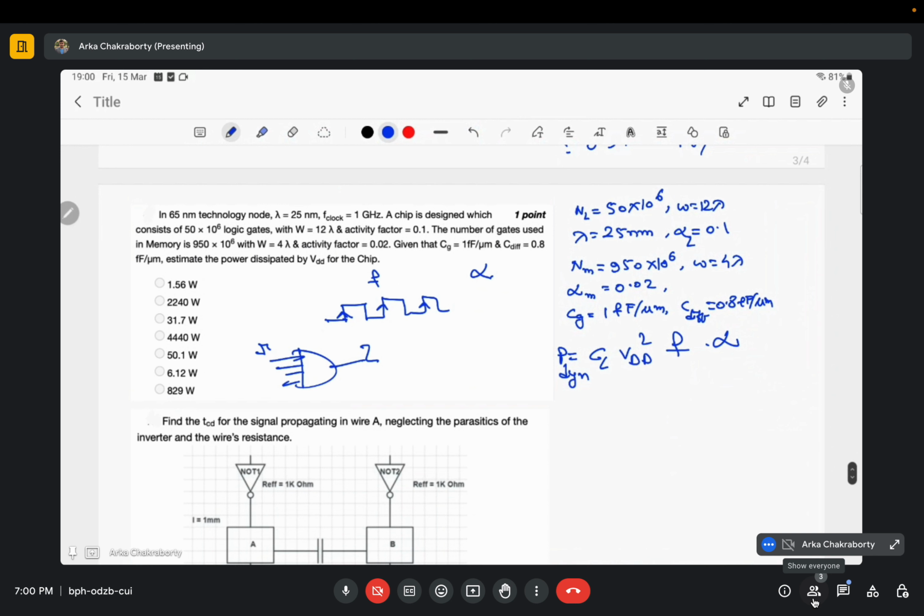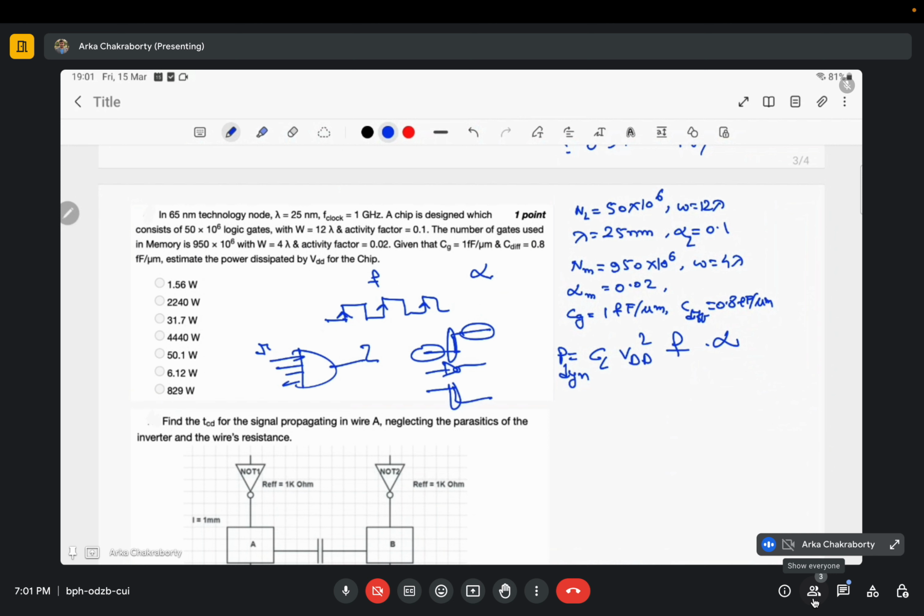And what is dynamic power and what is static power? Static power is the power that is dissipated when there are no changes in the circuit. Say this was my input to an inverter and this is my output. When all the changes have happened, in this state the power dissipated is called static power, and during this transition the power that is dissipated is termed the dynamic power.